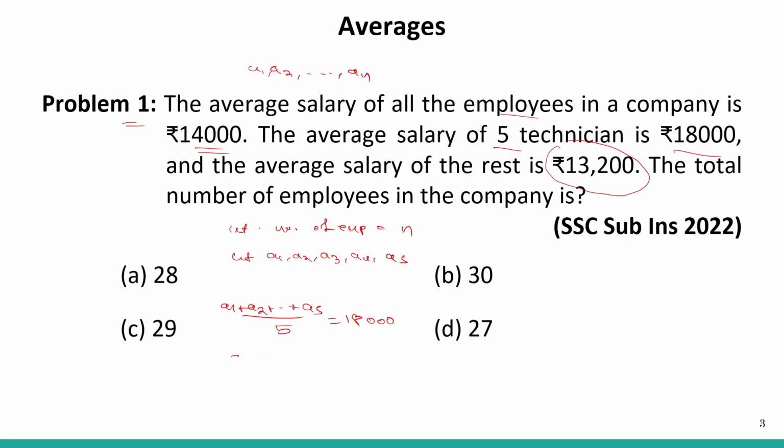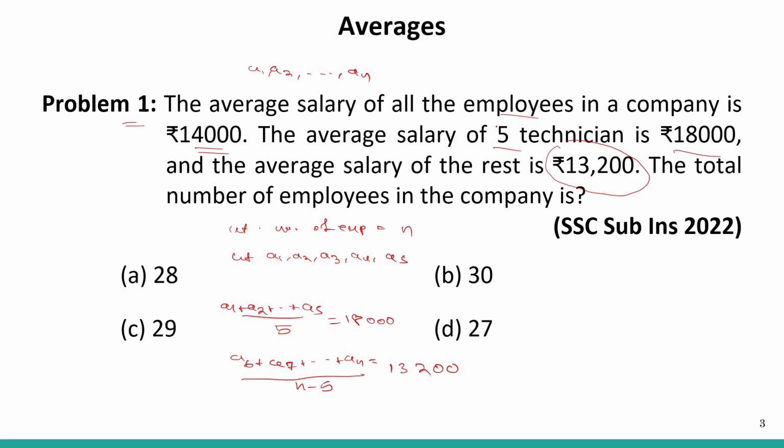And given that A6 plus A7 up to AN, whole by n minus 5, is equal to 13,200.